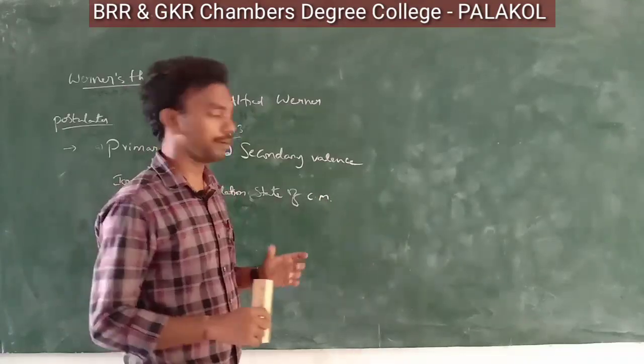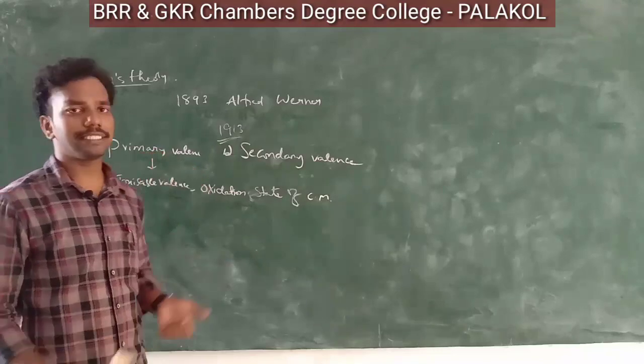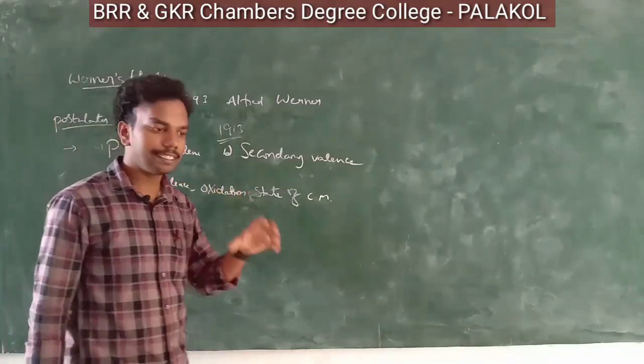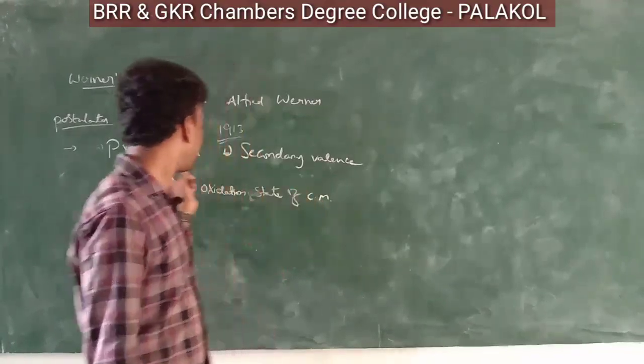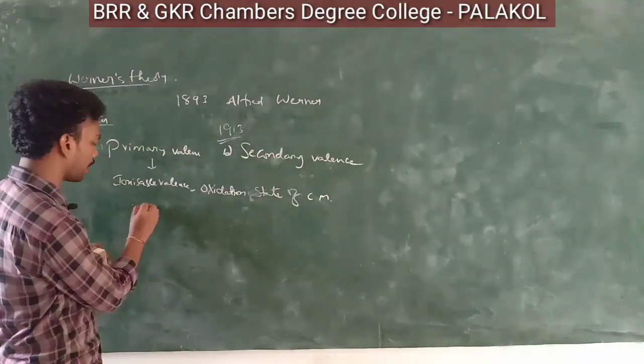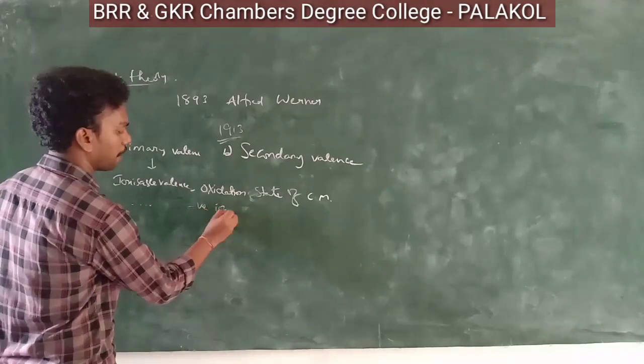Most probably primary valence is satisfied by negative ions, and in the structure, this primary valence is represented by dotted lines.